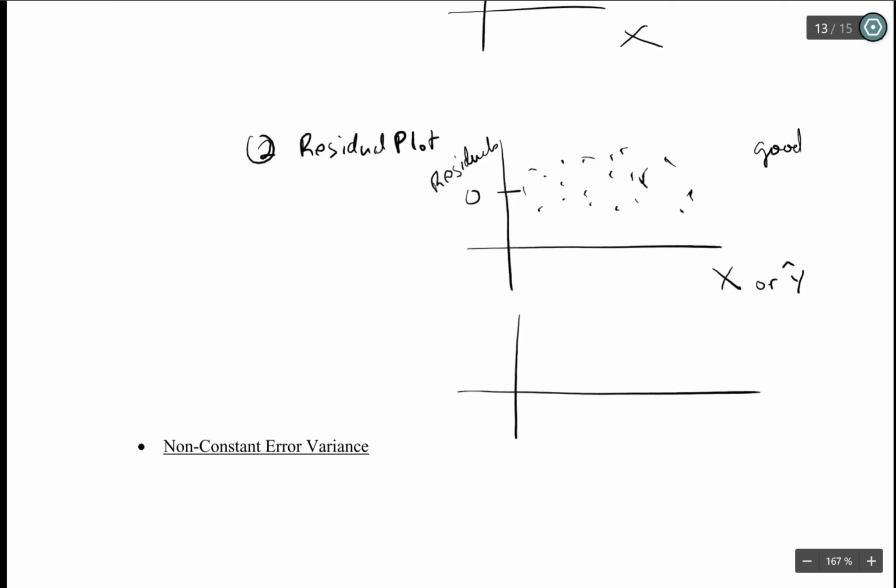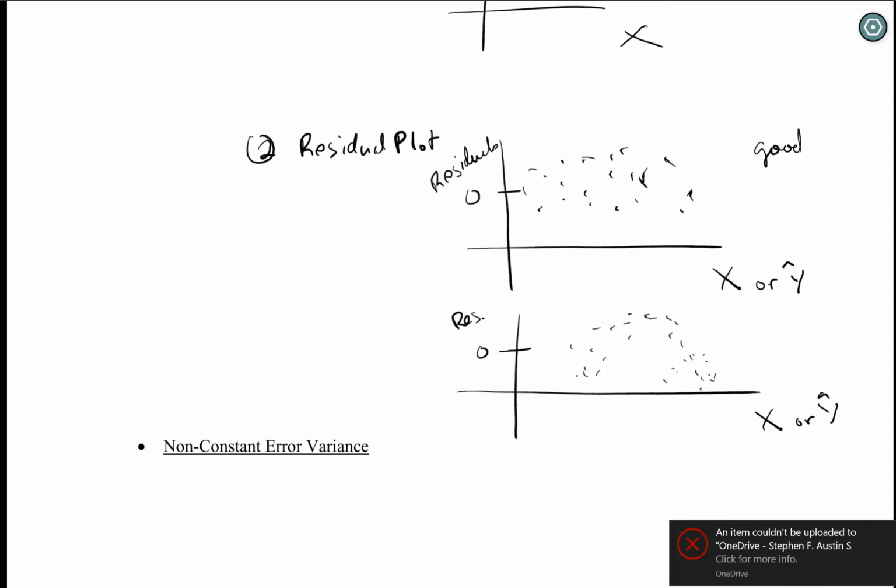And if you saw a pattern, something like this, so again, here are our residuals, here's 0. If you saw a pattern like this, so that's a clear sort of pattern, where the residuals were negative, then positive, then negative, that would indicate that our model is perhaps the wrong model, that we should not be using a straight line to fit the scatter plot there.